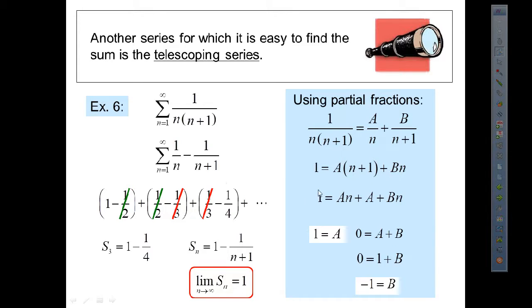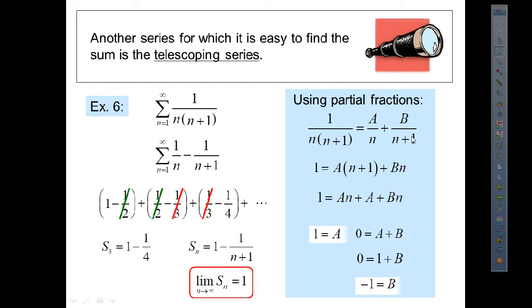Now, on the problems where you're trying to find these sums, you're going to have to use partial fractions because you need that second part right there. The first part, for n equals 1 or n equals 0, whatever the first term is, gives you the first value. Remember, that's the value here, like with this one, that did not cancel out. But you need this to be able to determine whether or not this second term is going to go to 0.